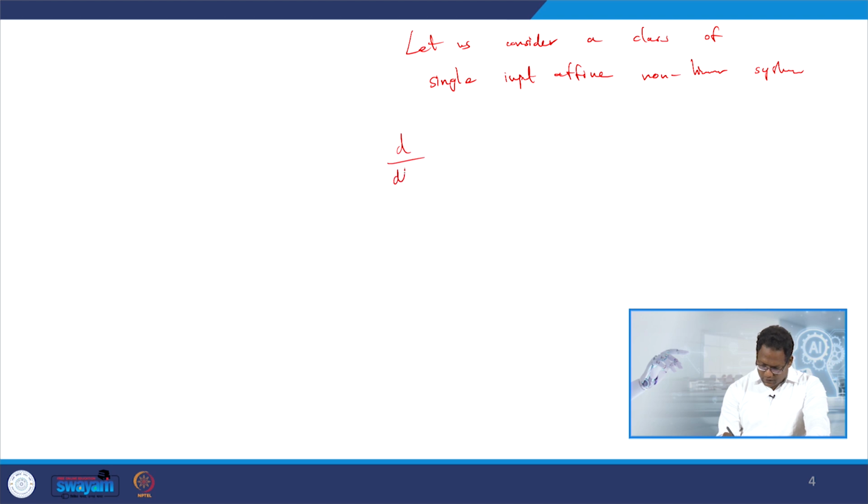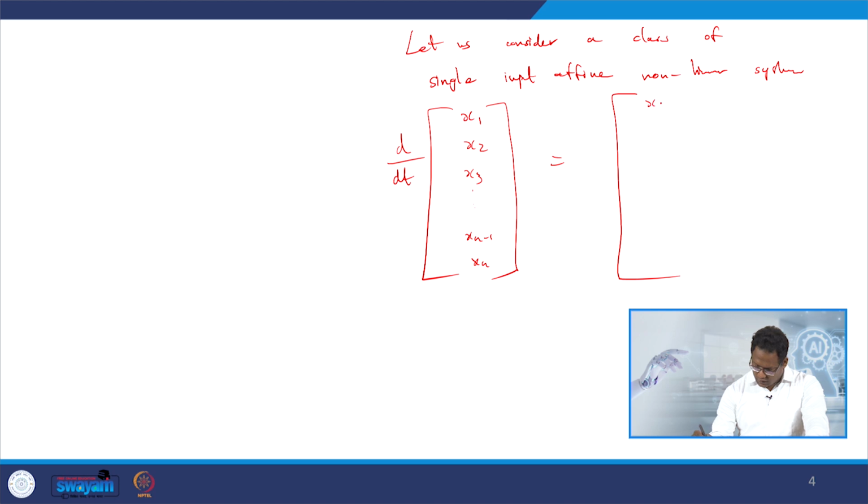d by dt of x1, x2, x3 up to x n minus 1 and x n is equal to x2, x3, x4, up to f of x plus g of x into u.